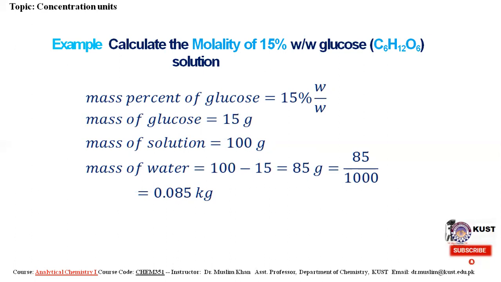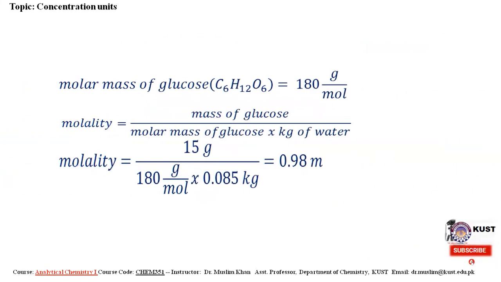So when you have a solution and percentage, you can easily calculate the molality of this solution. Molar mass of glucose: carbon 12 multiplied by 6 is 72, hydrogen 12, so 84, oxygen 16 multiplied by 6 is 96. So the total is 180.